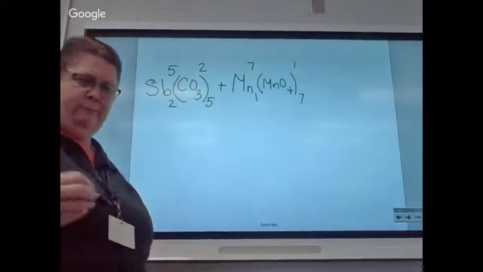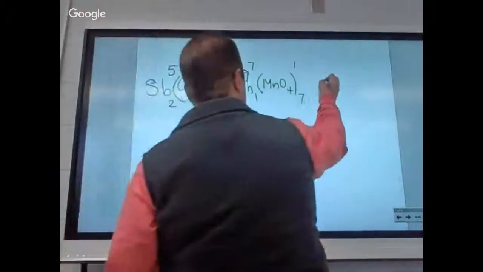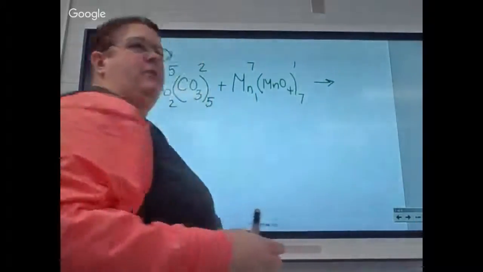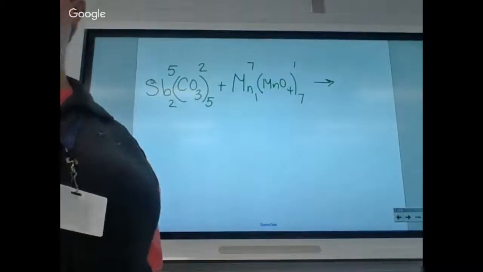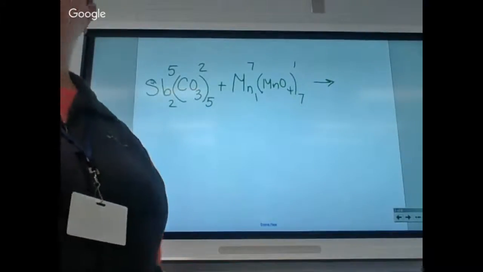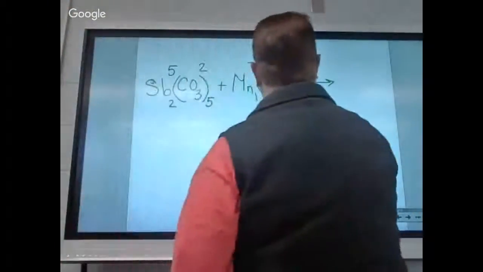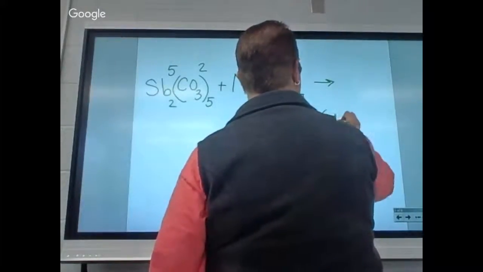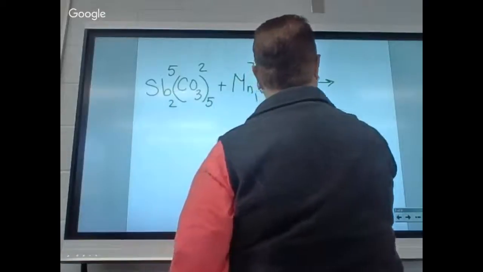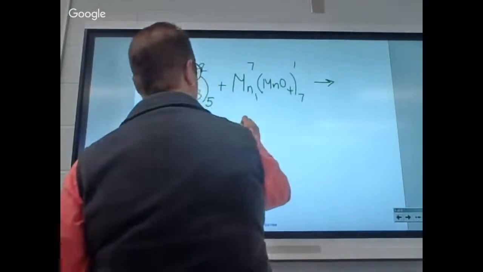All right, so it does not matter what compound is next, but so that I'm consistent with what's on your worksheet, which compound did I put next? Antimony's. All right. So antimony, SB, permanganate, MnO4. Let me back that up a little bit. I'm going to run out of space. All right.